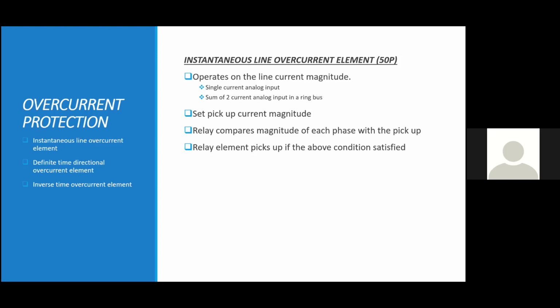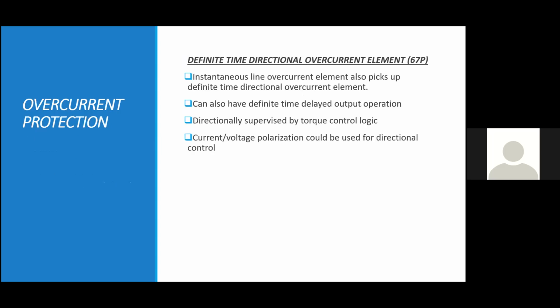So the next one for overcurrent protection is going to be a definite time directional overcurrent element. This is quite similar to the instantaneous line overcurrent element which we just saw, but there are two differences between these two. There's a time delay. We could add a time delay to this relay element, and this relay element is supervised.